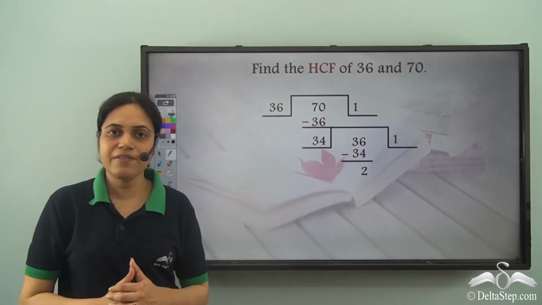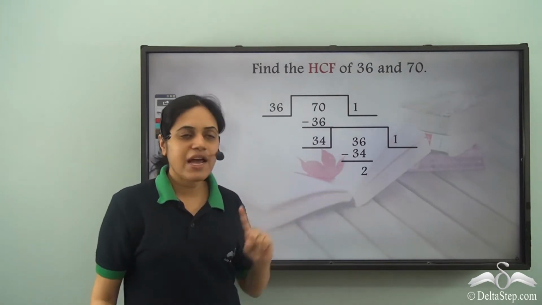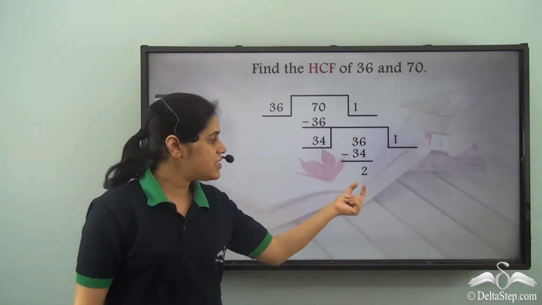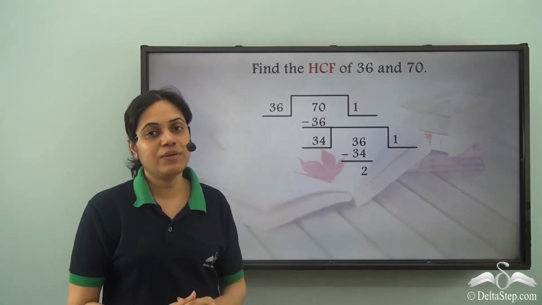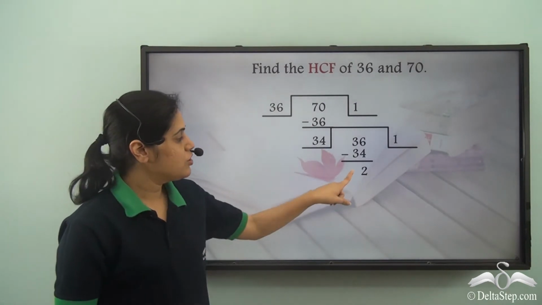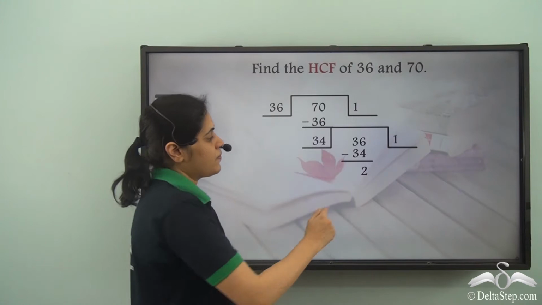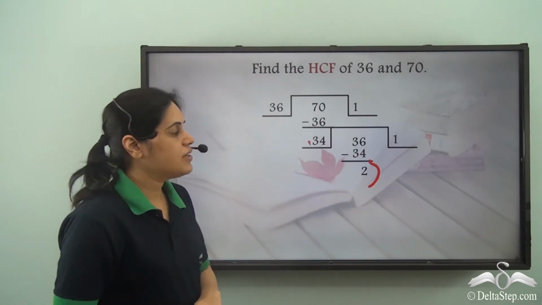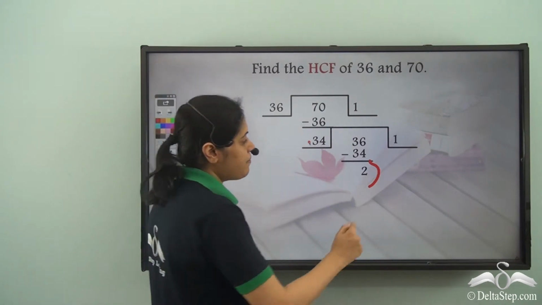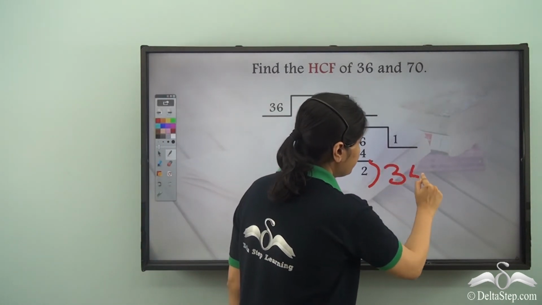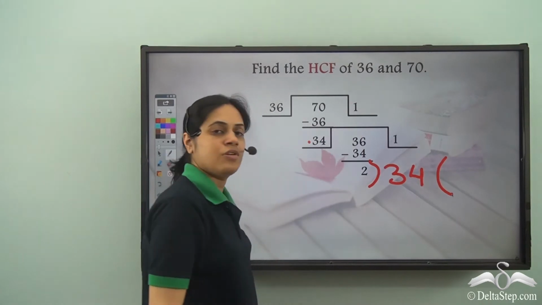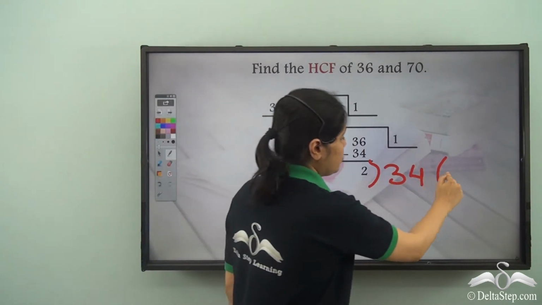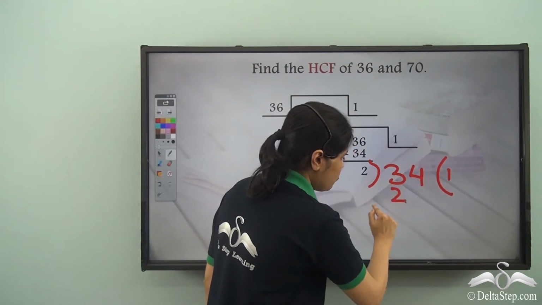So this is what I have. Now once again I have a remainder 2. This remainder 2 will now become the divisor. And this divisor will divide the divisor of the previous step, which is 34. Now 2 into 1 is 2.